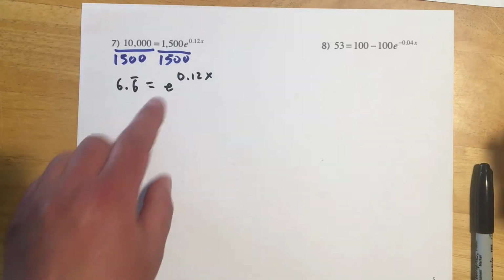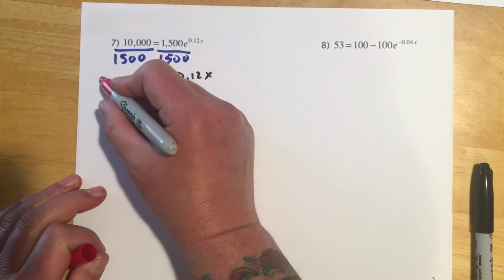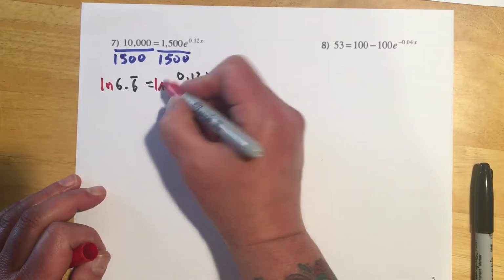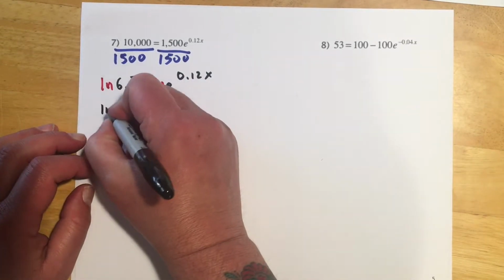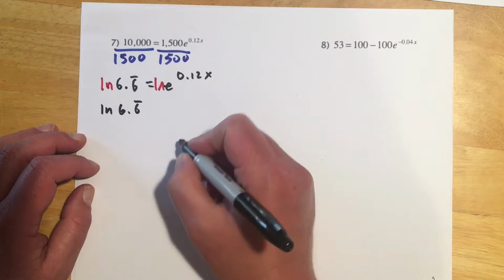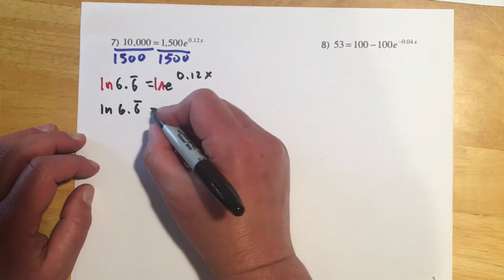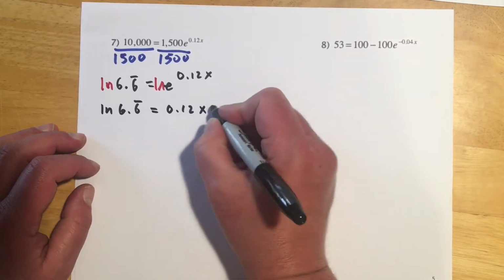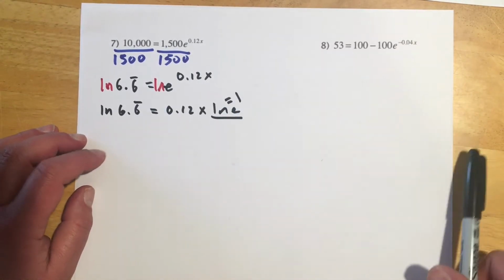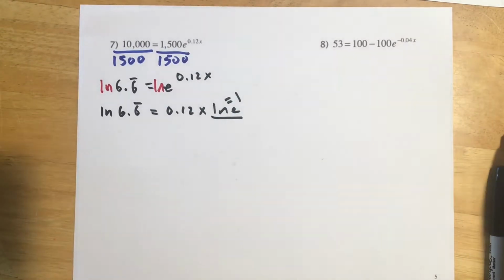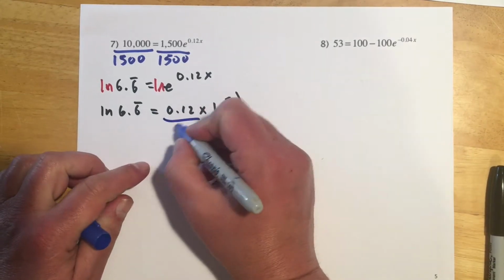And now it's an e, so I'm going to use natural logs. So natural log both sides. And so we have ln 6.6 bar. Bring this down front. Remember, ln e equals 1. So now we're just dividing over the 12 on both sides, so 0.12.